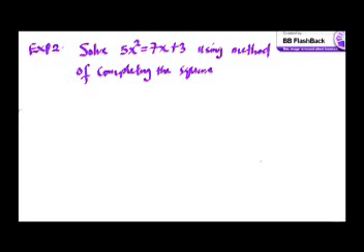Another example would be to solve 5x squared minus 7x plus 3 using the method of completing the square. Now you take note here that the quadratic equation 5x squared is equal to 7x plus 3 is not yet in the quadratic form.